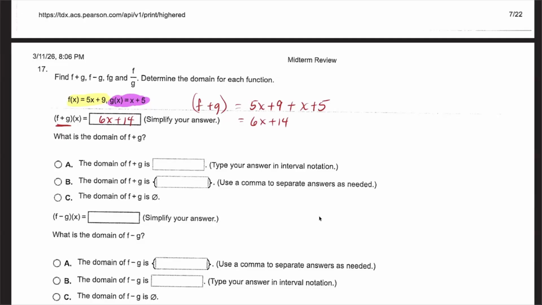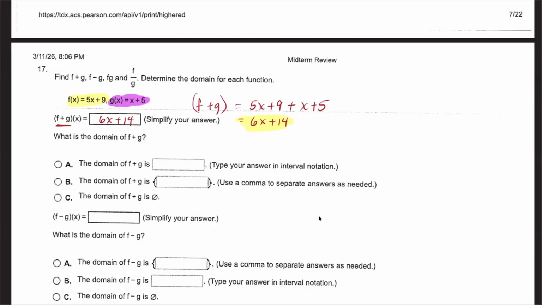The function that we just created, the 6x plus 14. Is this a polynomial function? Yes, it's a polynomial function.